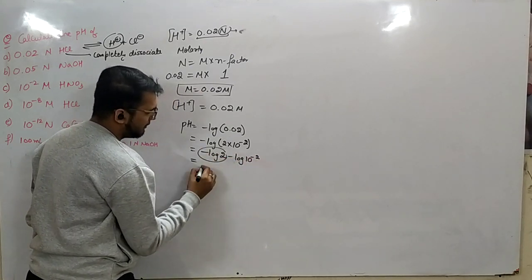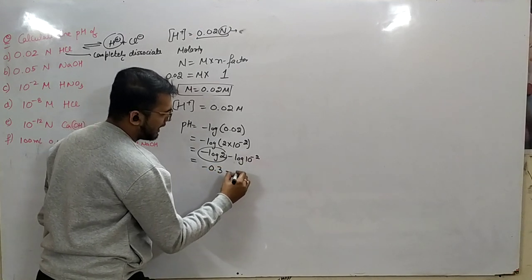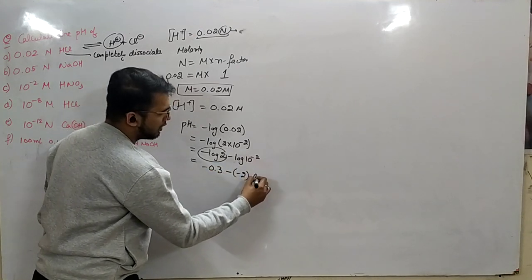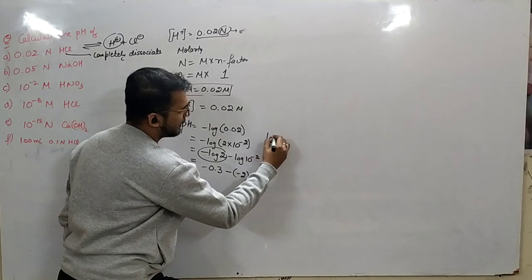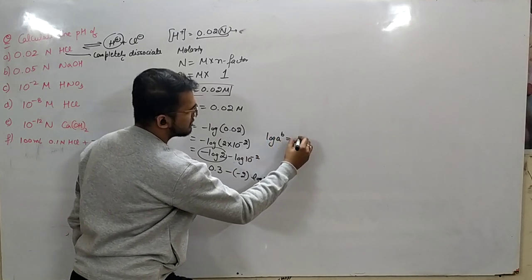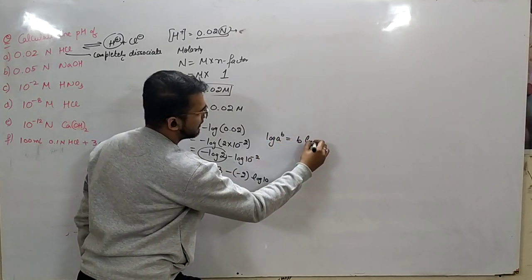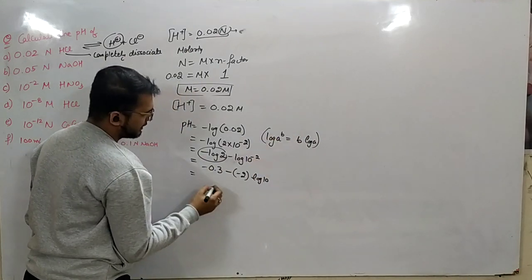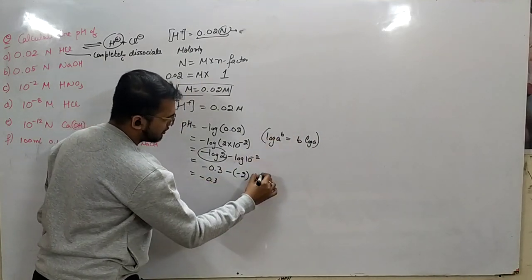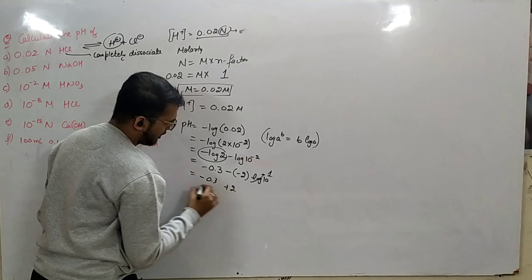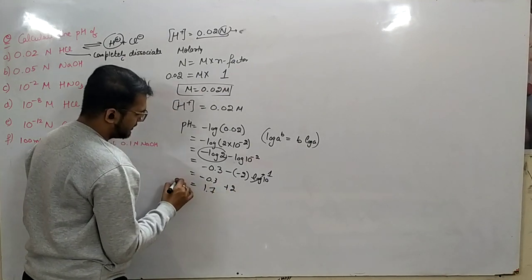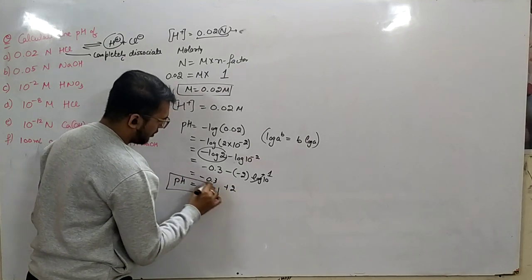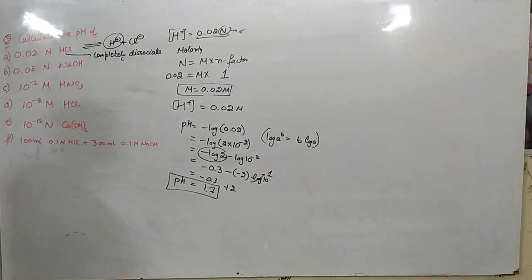It comes out to be minus 0.3 minus of minus 2 log 10. पता है कि log a की पावर b is equals to b log a. So from here minus 0.3 plus 2 comes out to be 1.7. pH is 1.7.